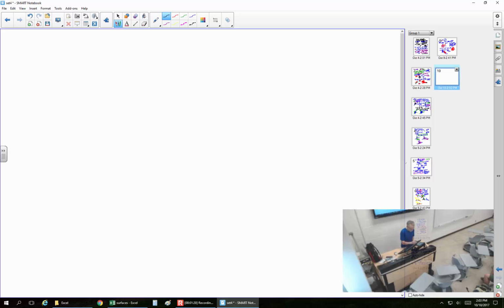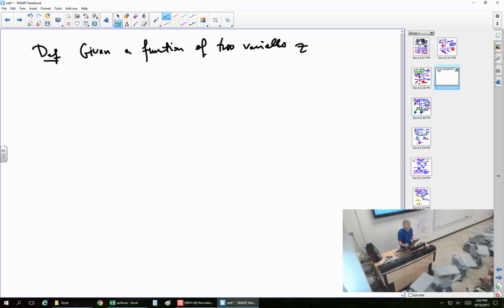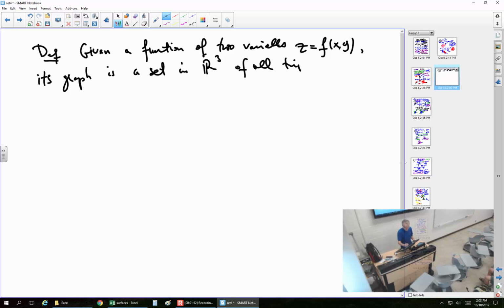So given a function of the variables z is equal to f of x, y, its graph is a set in R3 of all triples x, y, f of x, y.